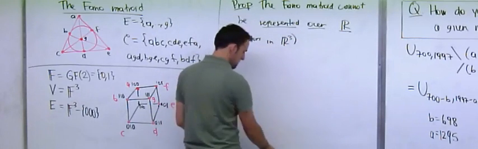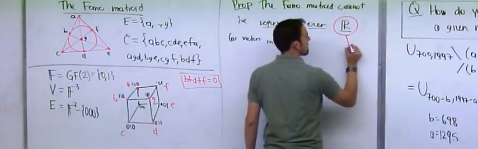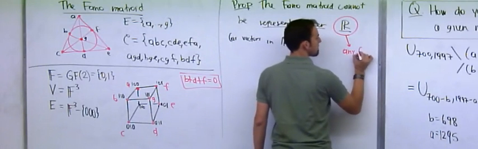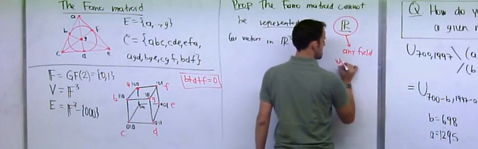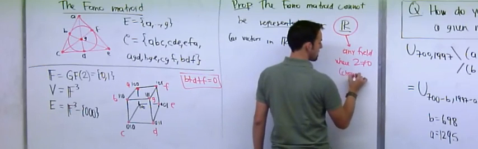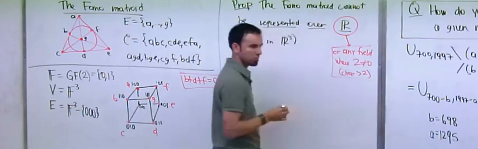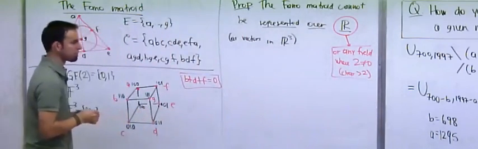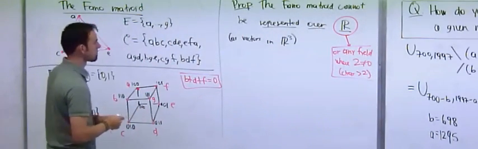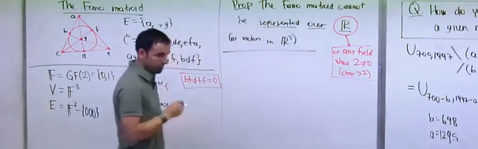And in fact, I just want to prove it this way, but you'll see that the same proof goes for any field where 2 is different from 0. So in other words, characteristic is bigger than 2. So that's what I'm going to show.